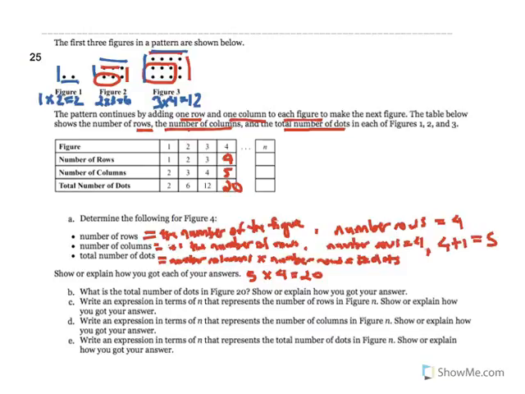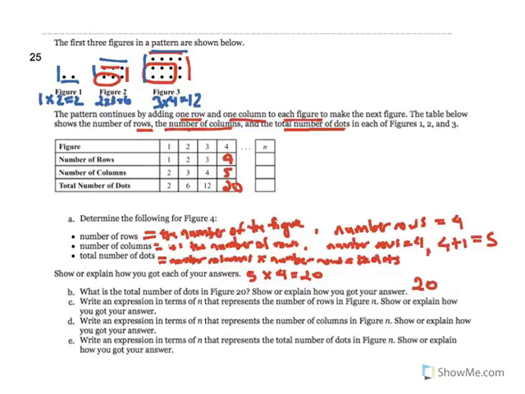Okay. Well, we don't want to extend the pattern 20 times, do we? So let's write an expression in order to find this. Well, we know from above that the number of the figure is equal to the number of rows. So if the figure is 20, then the number of rows must be 20.